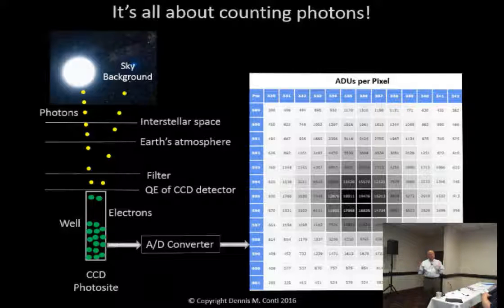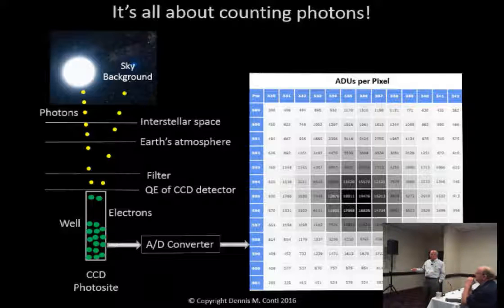Depending upon the camera, I could have maybe 2 electrons per ADU, or 5 electrons per ADU, or 0.3 electrons per ADU. That's called the gain. So the gain of the CCD and the number of electrons collected presents this value called ADU. And this is what we're going to be working with in exoplanets.